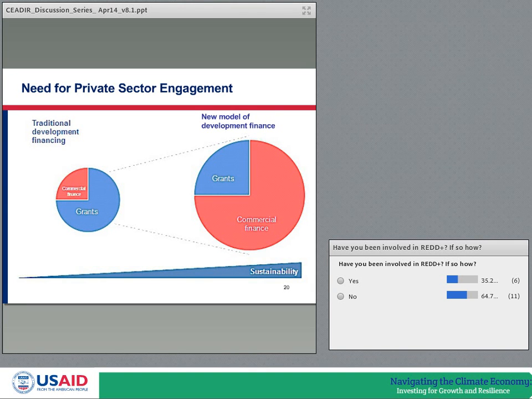And we're trying to shift in a sustainable way to a much larger pie of overall support for development. That grants blue piece is actually the same size in each, because our budgets are not increasing for USAID; the development budgets are not exponentially growing. So in order to do that, we have to leverage our partnerships and relationships with the private sector to grow our overall impact. That's where we're trying to bring the commercial finance sector in.